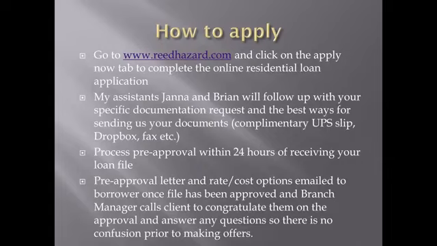So in some markets, you guys, I will advise if it's better to do the full approval, which takes a little bit longer. But if you just want to get pre-approved the standard way to go out and start shopping, like I said, it'll only take about 24 hours from the date that we get all of your documents. And now the pre-approval letter and the rate cost options will be emailed to you once my branch underwriter has received all your documents and completed that underwrite.